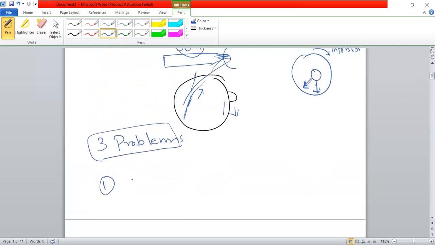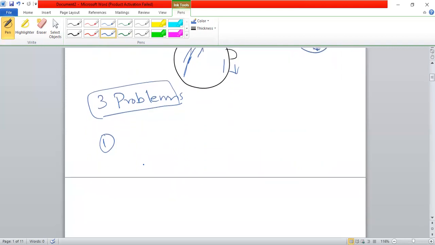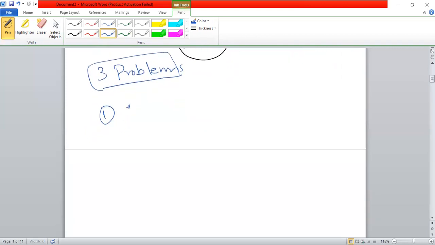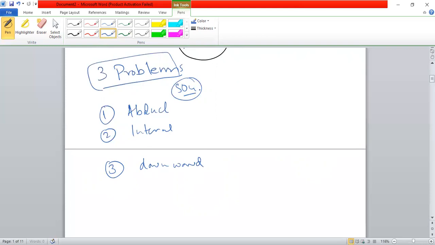The first thing you are going to say is abduction. The second is internal rotation, and the third is downward movement of the eye. Basically this superior oblique is used when you are climbing down the stairs or you are reading, when you are looking down.